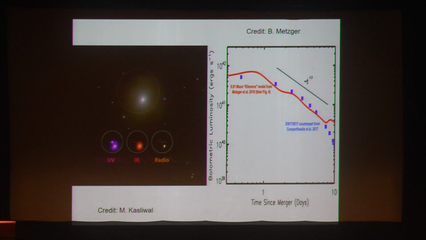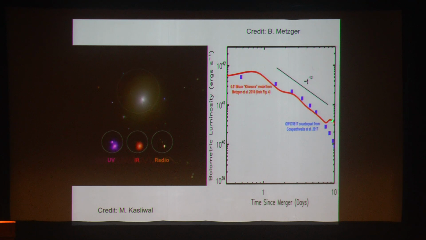You can see that there were predictions that a kilonova will be formed in this neutron star merger. Now, what is this kilonova? A nova has a luminosity of the order of 10 to the power 39 ergs per second, and for a kilonova this number will be 10 to the power 42 ergs per second. These blue points are all the observations, and the red line is the theoretical prediction.